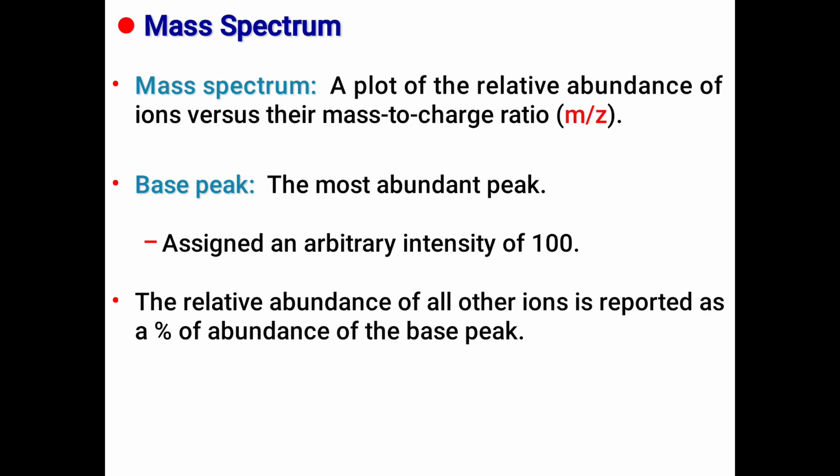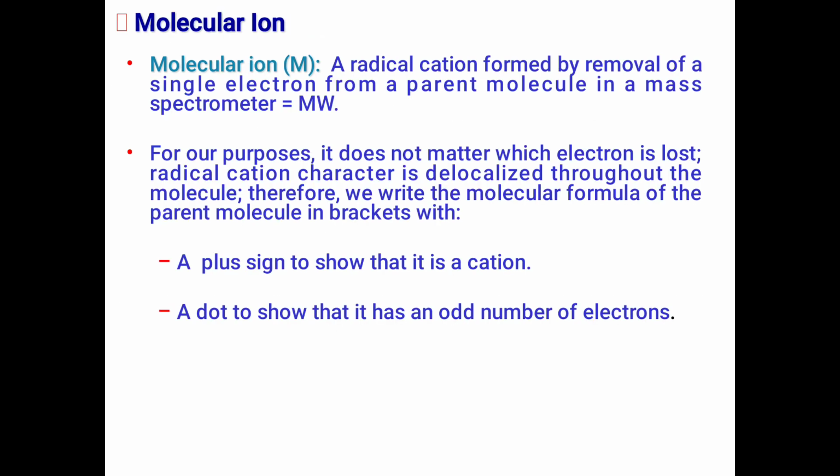Here, the base peak is the most abundant peak, assigned an arbitrary intensity of 100. The relative abundance of other ions is reported as a percentage of the abundance of the base peak.